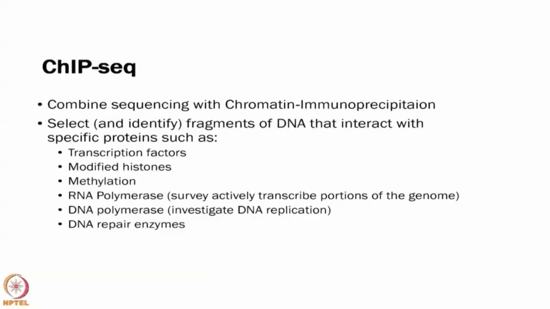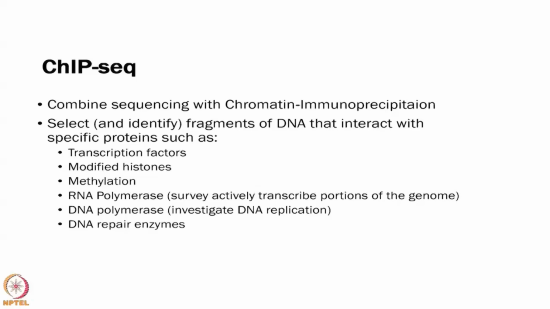So ChIP-seq combines sequencing with a chromatin immunoprecipitation. What you do is you have to pick proteins of interest. Let's say you're interested in a certain transcription factor, or a modified histone. It can be any protein that interacts with the DNA. You can pull down that protein and then look at what sequence is associated with it.